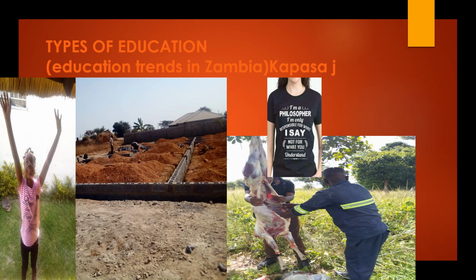Now, the administrator in this case was these representatives controlling Northern Rhodesia on behalf of the British government. So those are the administrators we are talking about.